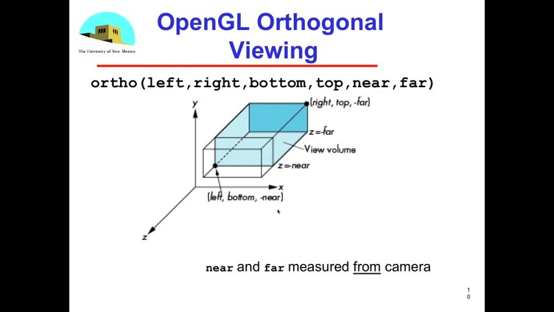As long as you remember that distances in ortho, and in the other functions we'll see in a minute, for near and far are distances from the camera, and the far distance is always greater than the near distance, you'll be fine. Think of left, right, bottom, top, and near as just being the corners of that rectangle that you're looking at in XYZ space.